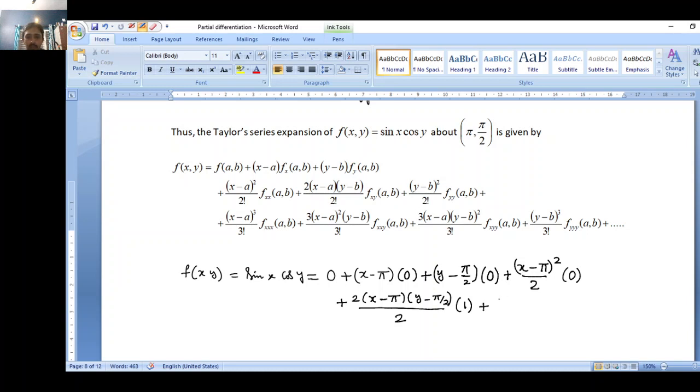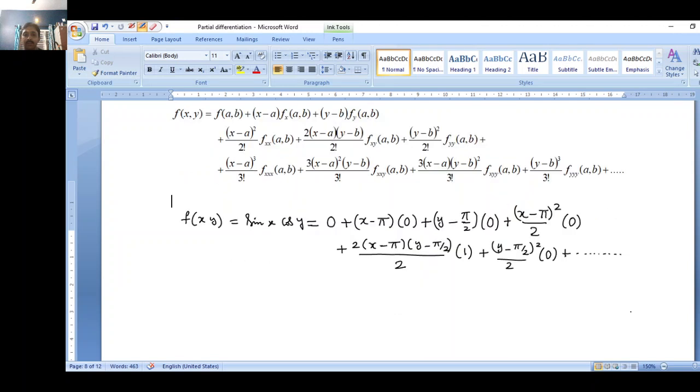And then y minus pi by 2 the whole square by 2 factorial is 2, and this into 0. And because we are told to go only up to the second degree term, I would say that this just continues and so on, and I wouldn't bother to find each of the other terms.